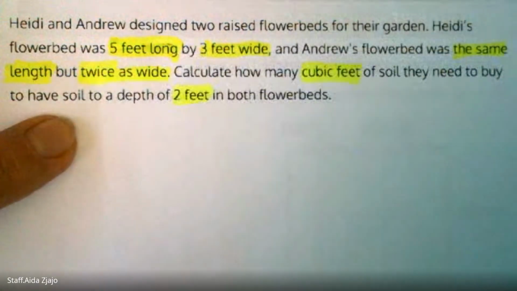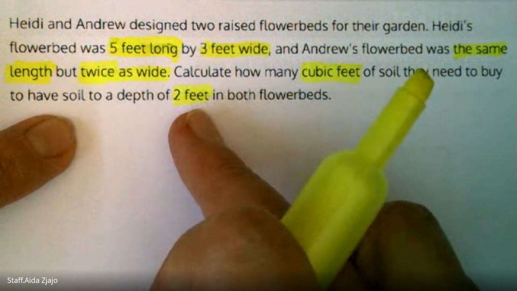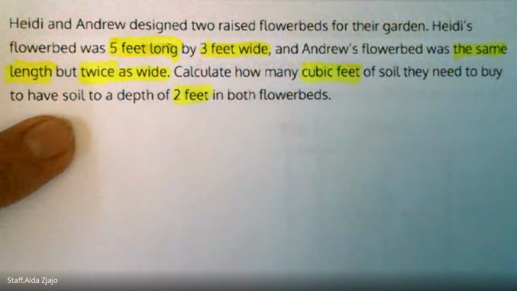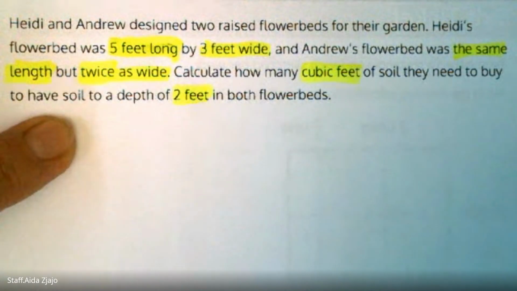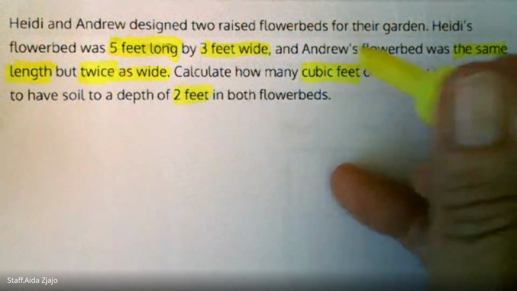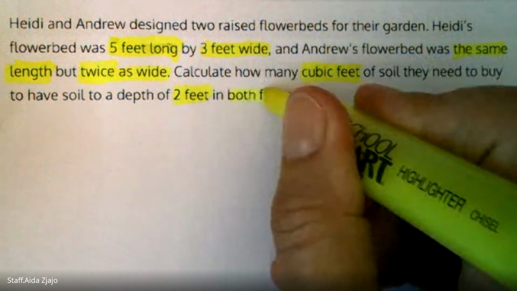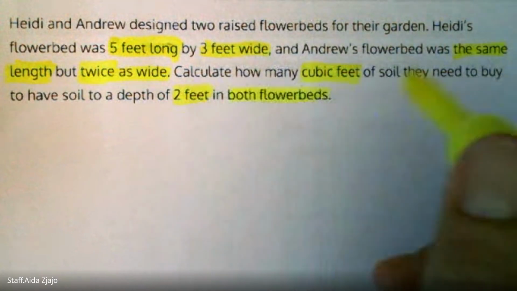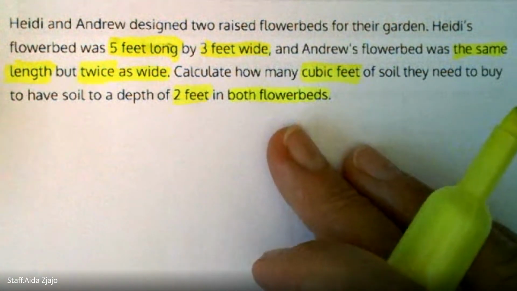So the flower beds will have soil 2 feet in height. In both flower beds. So that means we need to know for both of them how much soil they need.